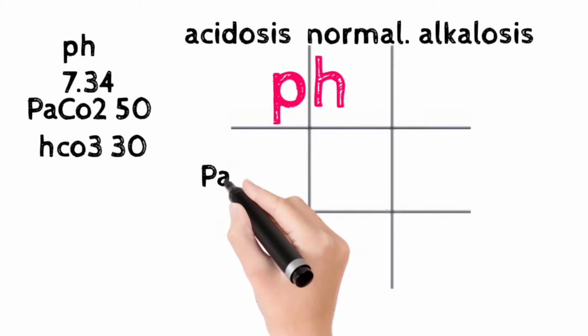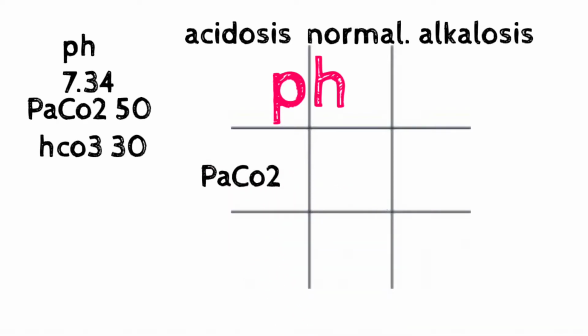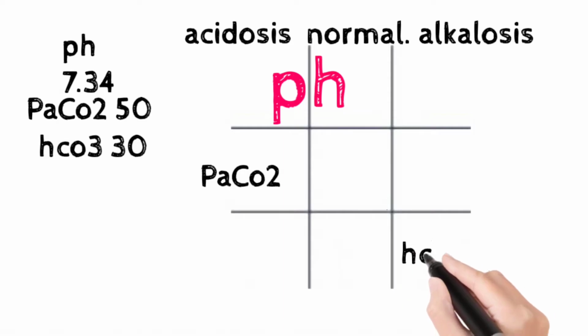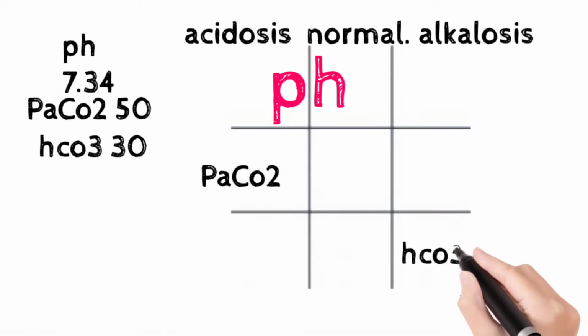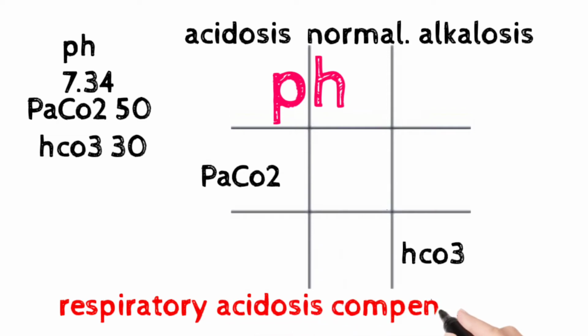PaCO2 is greater than 45, goes under acidosis and represents the respiratory. HCO3 is greater than 28, goes under alkalosis. So here it's called respiratory acidosis fully compensated.